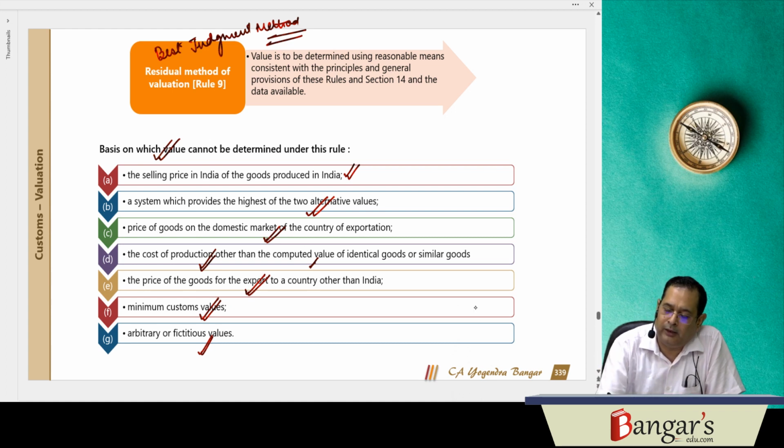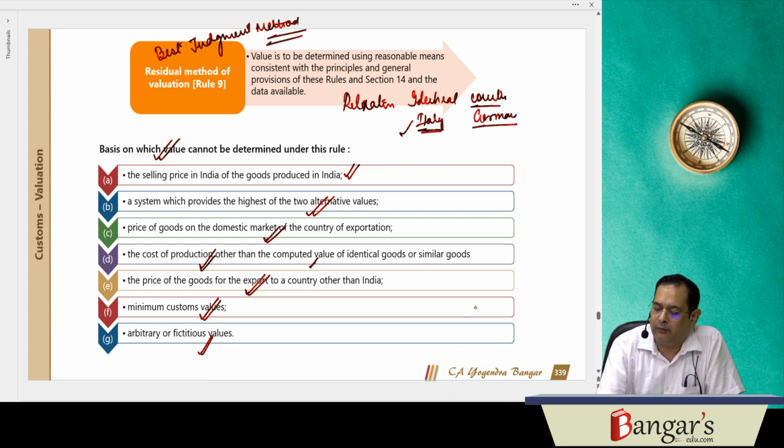So basically relaxation will be there. In the definition of identical goods, we have seen that the country must remain the same. Now suppose the manufacturer from whom we are importing has two units, one in Italy and one in Germany. We are importing from Germany and the same goods are also imported from Italy.